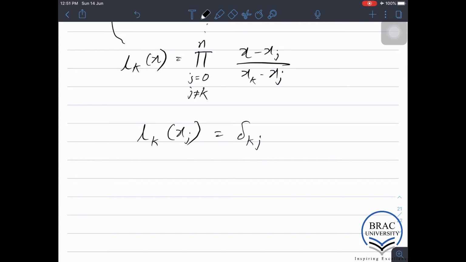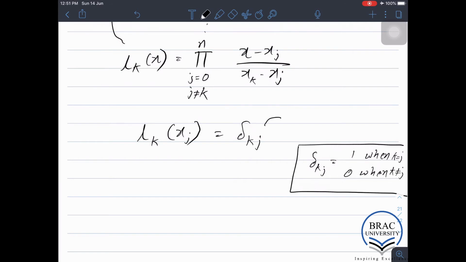So this is called the Kronecker delta symbol, which means that delta kj is equal to 1 when k is equal to j and equal to 0 when k is not equal to j. And the name of this symbol is called Kronecker delta.